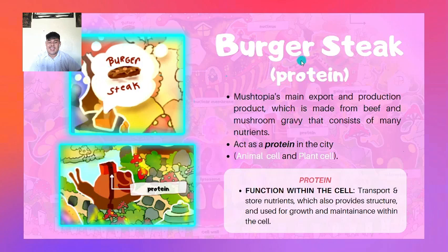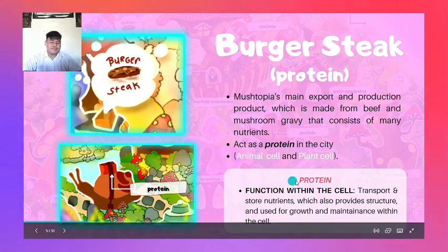This burger steak acts as a protein in the city, and it can be seen in animal cell and plant cell. The burger steak is related to a protein because, just like a protein, it transports and stores nutrients, which also provides its structure and is used for growth and maintenance within the cell.